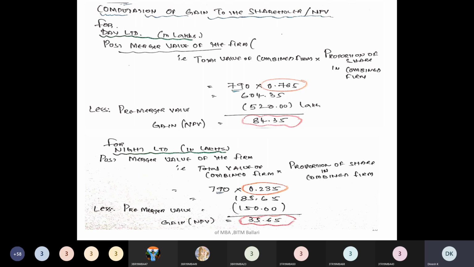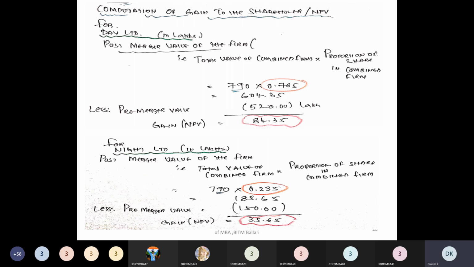We get the total value after merger as 604 lakhs. The pre-merger market value, which has been given in the question, is 520 lakhs. So the gain to the shareholders is 84.35 lakhs. It is a gain to the shareholders of the acquiring firm, right?